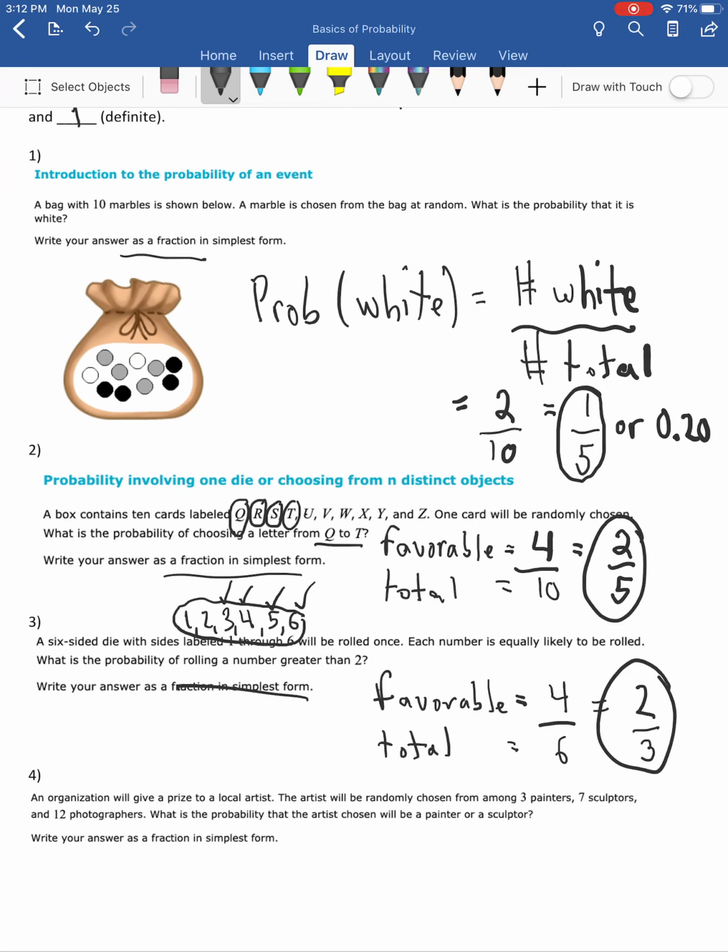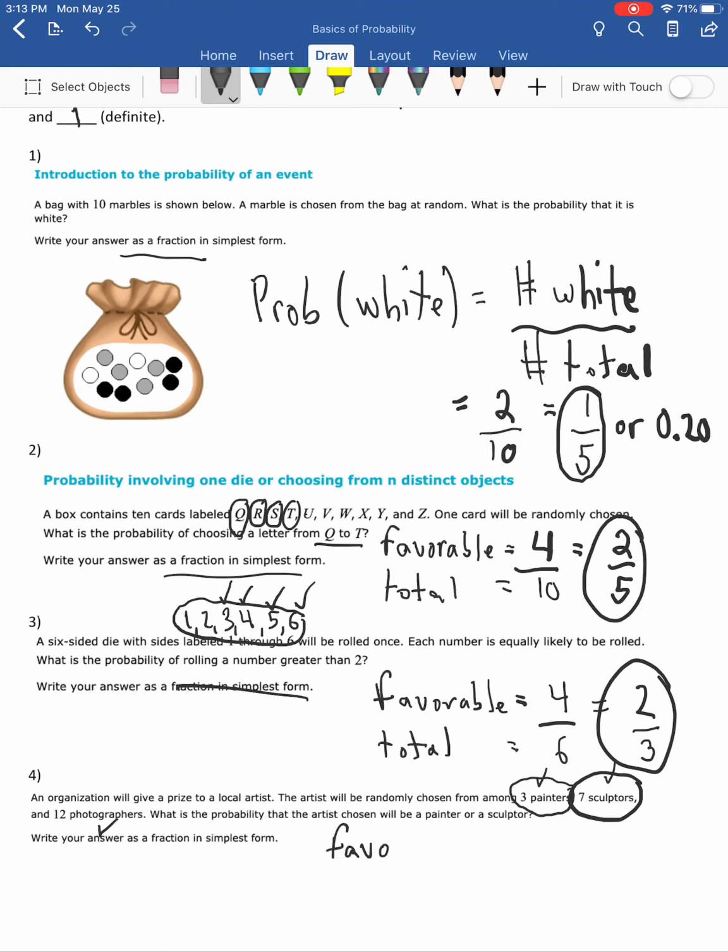Okay, and the last one, an organization will give a prize to a local artist. The artist will be chosen among 3 painters, 7 sculptors, and 12 photographers. What is the probability that the artist chosen will be a painter or a sculptor? So here, the painters are favorable, and the sculptors are favorable.